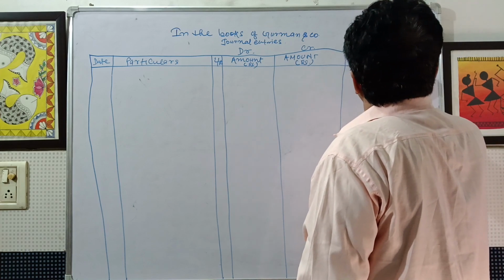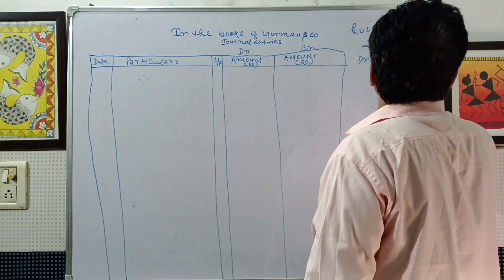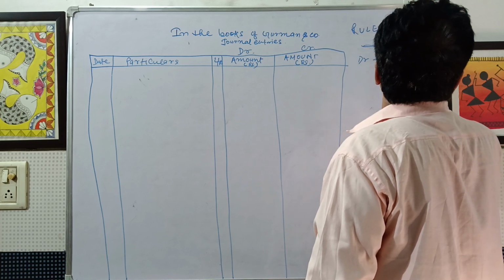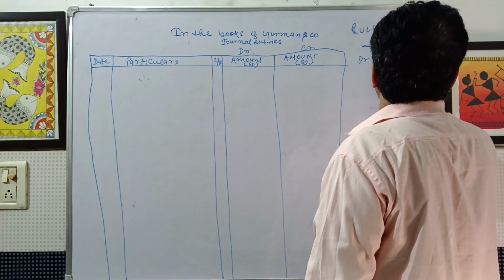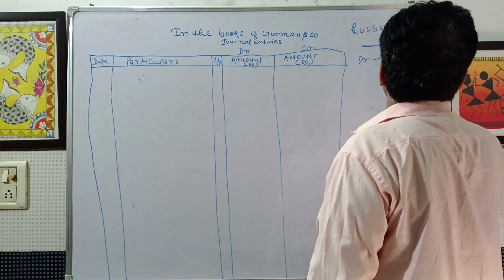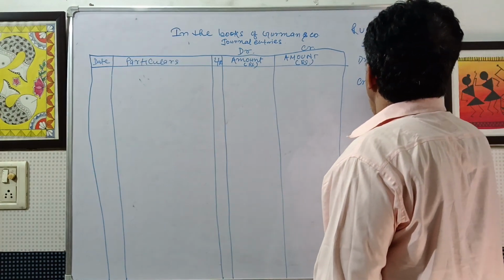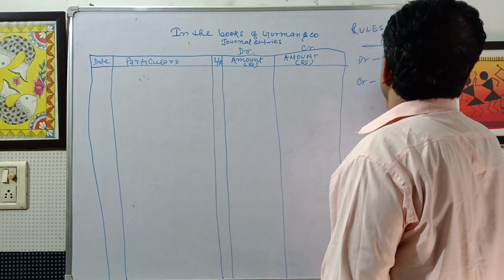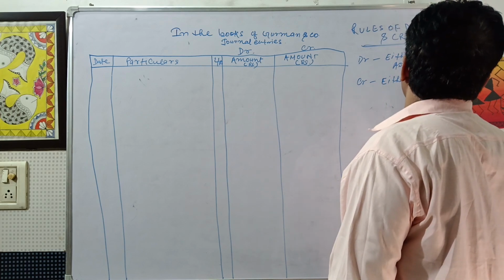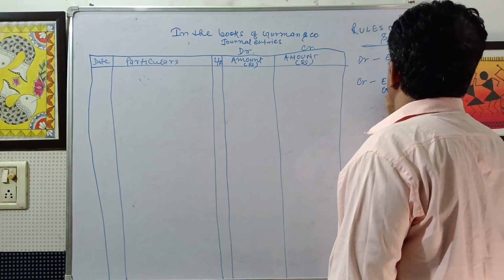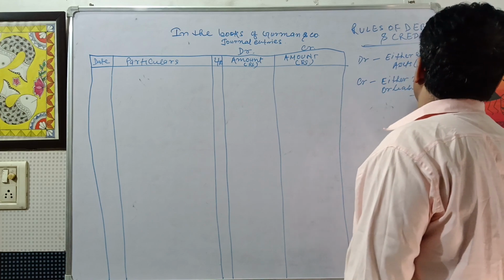Debit means either expenses or assets. Plus means increase, and credit means either income or liability. Plus, remember.